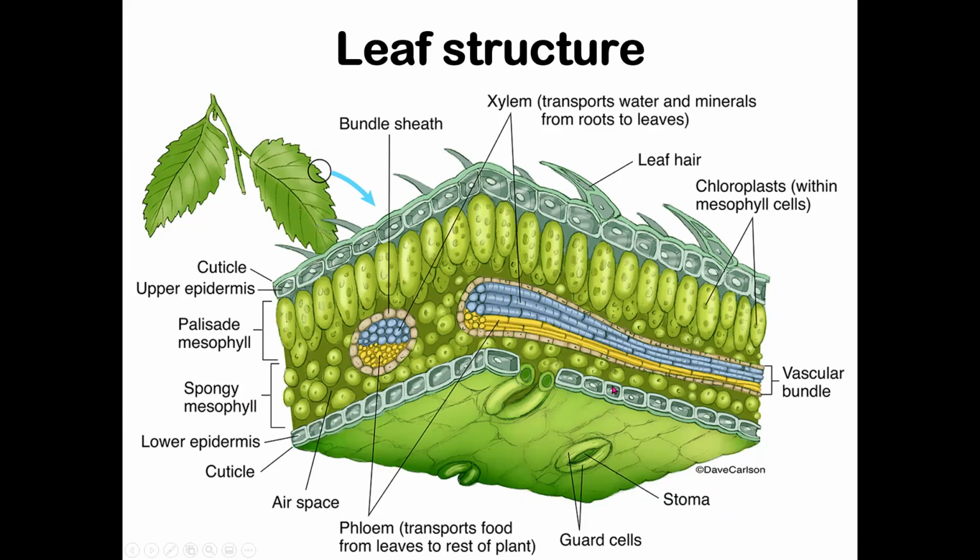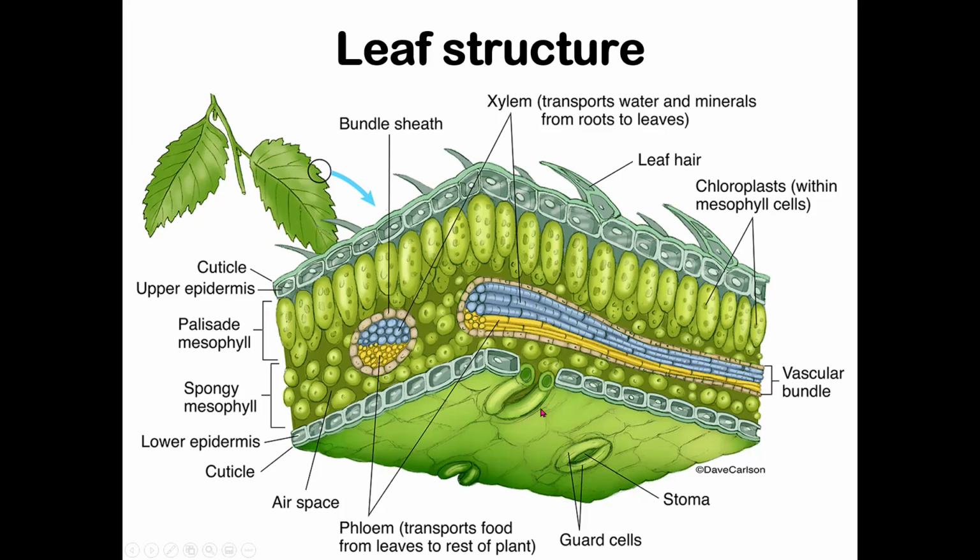Now, they are here next to this spongy mesophyll, which is full of air. And air is able to move in, and within the air, we have carbon dioxide. And carbon dioxide is used with the water, which comes down here with the xylem, and sunshine, you get chlorophyll, glucose being formed with the chlorophyll.